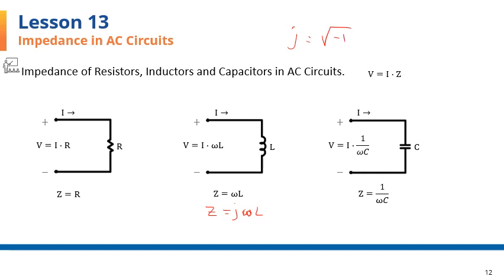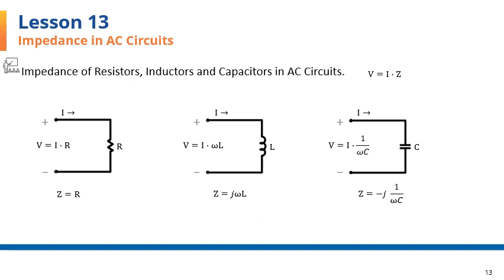And for the capacitor, the full form of the impedance would be Z equals negative j times 1 over omega C, because negative j causes the phase angle to be retarded by 90 degrees, or go back by 90 degrees.